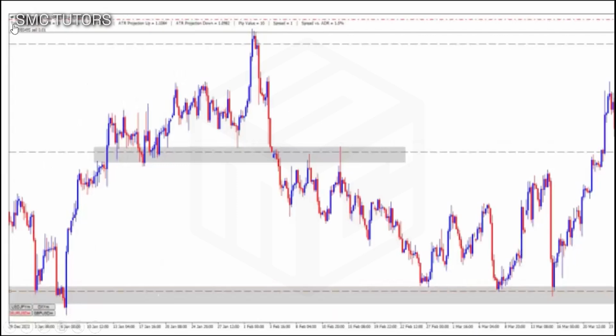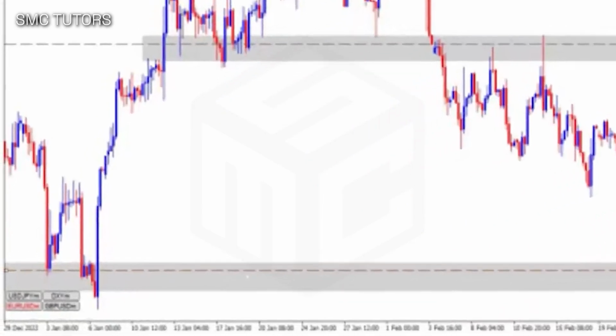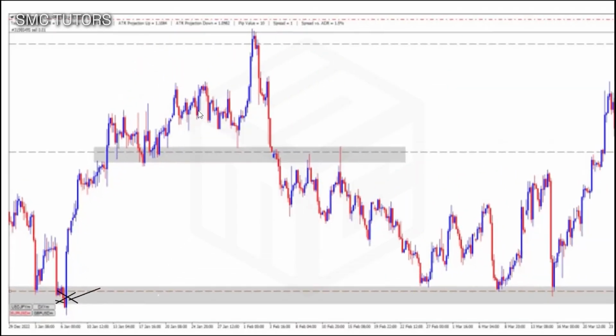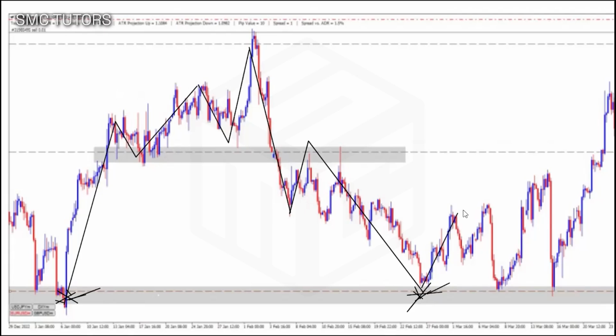Just like we see on the chart here, a zone was established around this level. Price moved away from it and trended upward. When price came back to that same level downwards, there was a reaction at that point. That support acted as a level where the market bounced off and went to the upside.